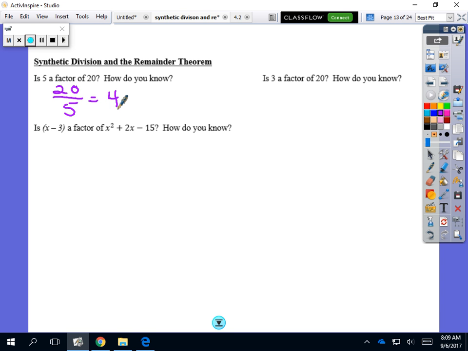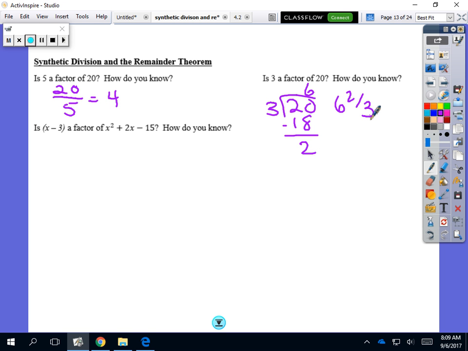When I divide 20 by 5, it equals 4, and there's no remainder. But if I divide 20 by 3, there is a remainder, right? We subtract and we get a remainder of 2. So we say this is 6 and 2/3. So since there's a remainder, 3 is not a factor of 20.